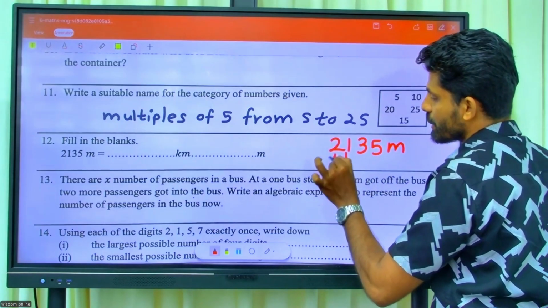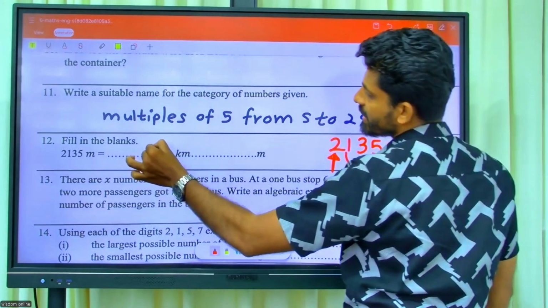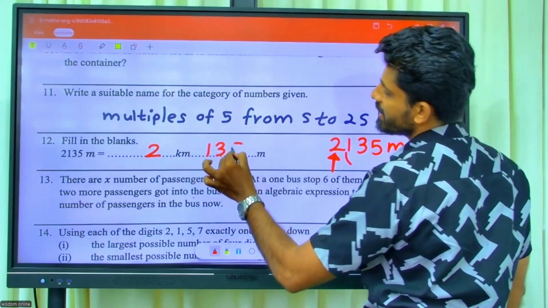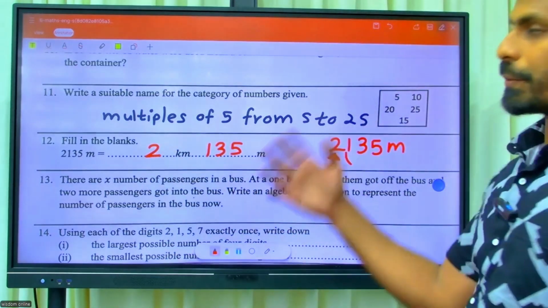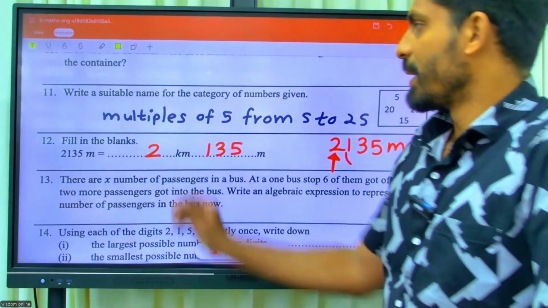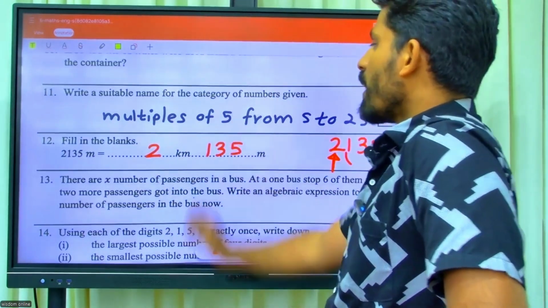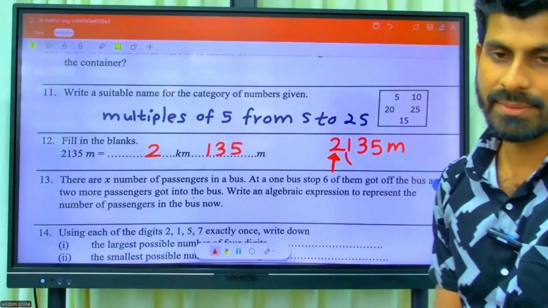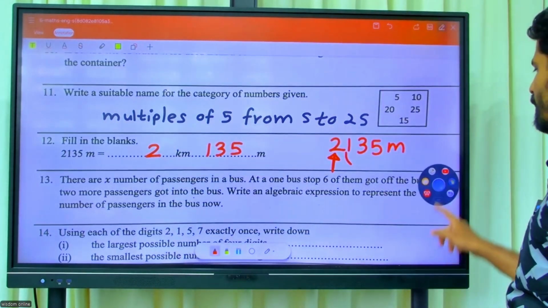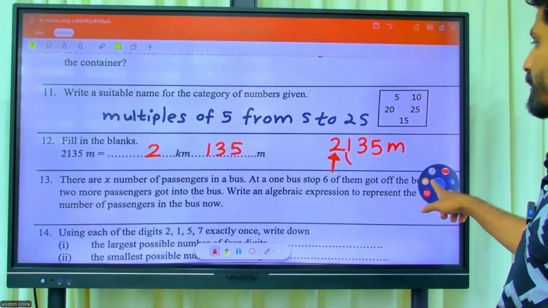So that means 2 kilometers, 135 meters. That is the answer: 2 kilometers, 135 meters.